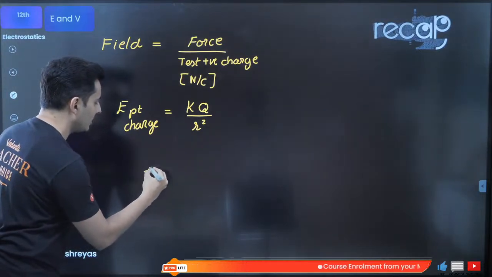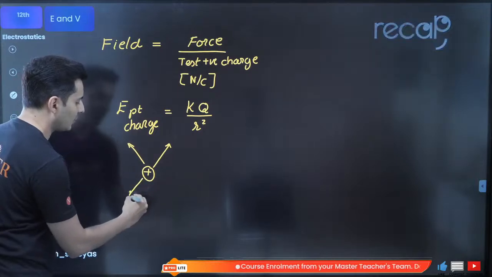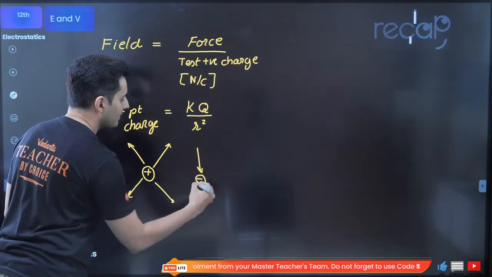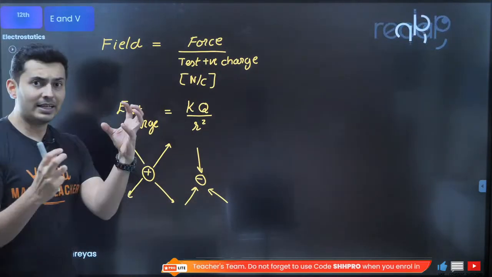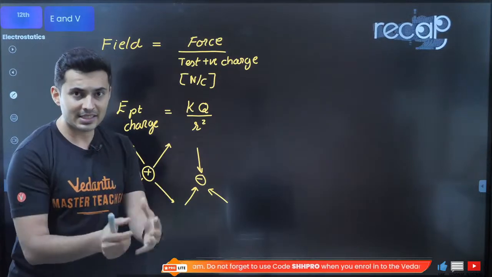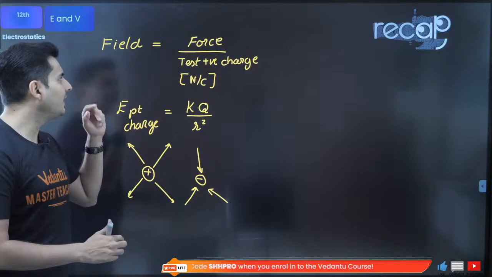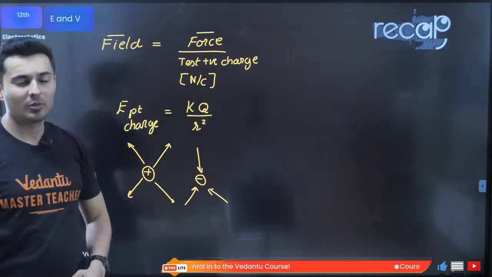And when you have a positive charge, it creates a field outwards. I hope you recollect this. And when you have a negative charge, the field is created inwards. This is how it works. Wherever the field lines are crowded, you will see that the field is strong, and field lines cannot intersect each other. Field is a vector quantity, always in the direction of the force on the positive charge.